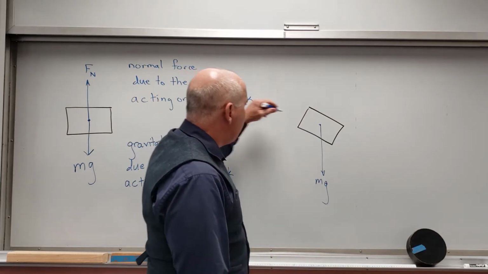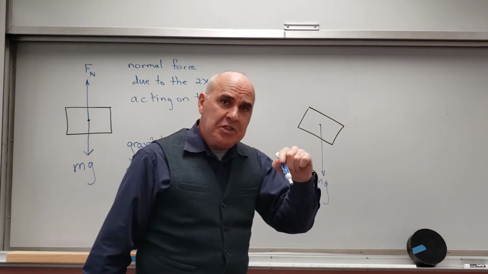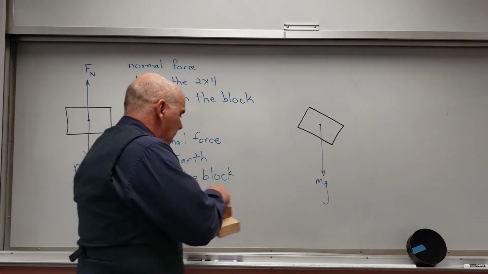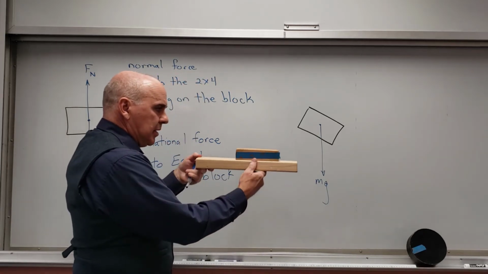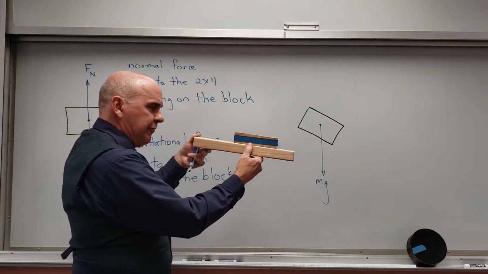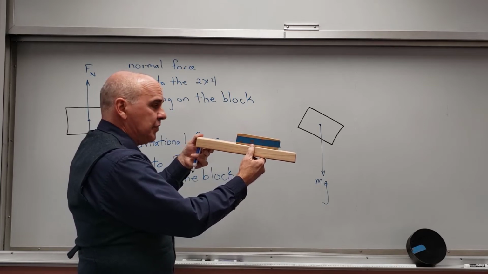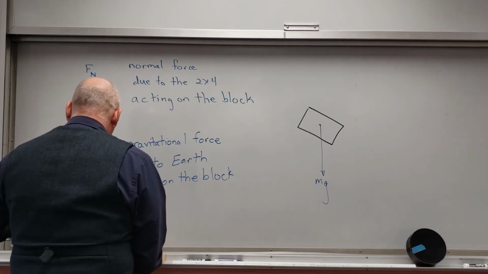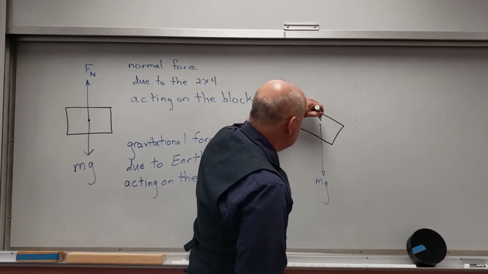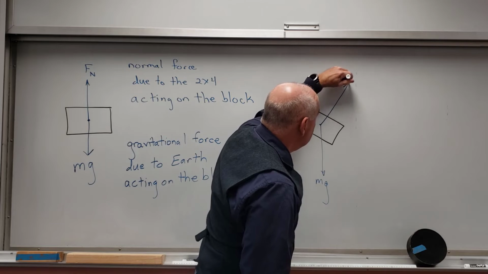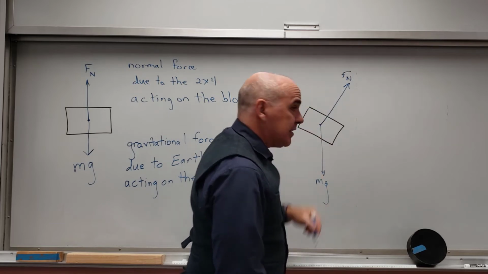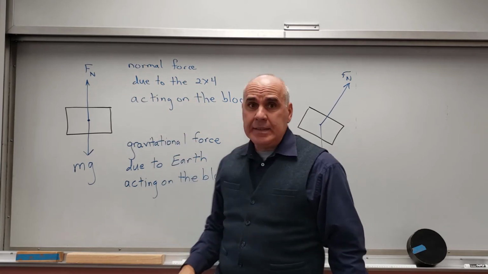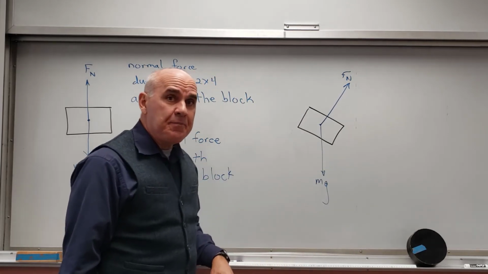There's also a normal force, but remember, by definition, the normal force is perpendicular to the surface. So if I'm talking about the block on the 2x4, the 2x4 is the surface, or the bottom of the block is the surface, and that's at an angle. So I want to be perpendicular to that. So perpendicular to that surface is in this direction. So that's the normal force. Same definition. Normal force due to the 2x4 acting on the block. Exact same definition.